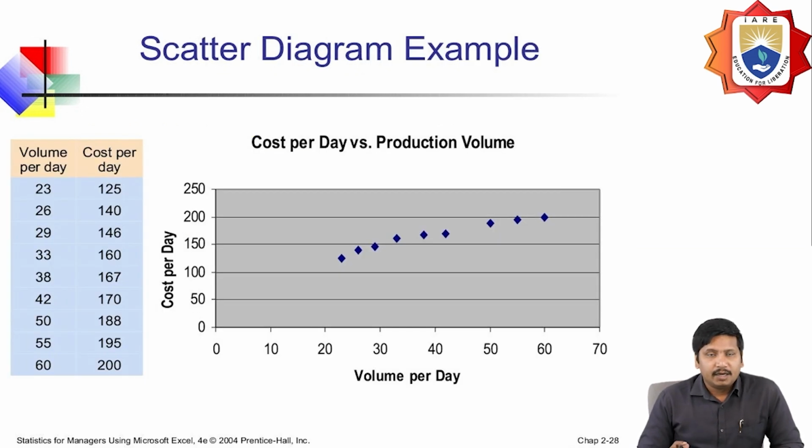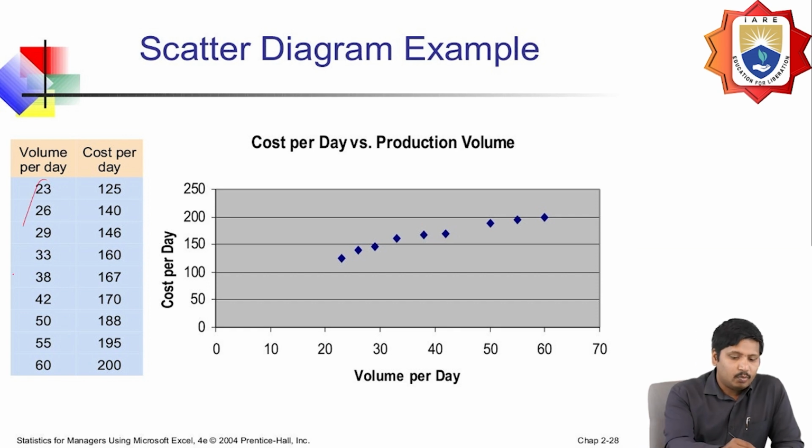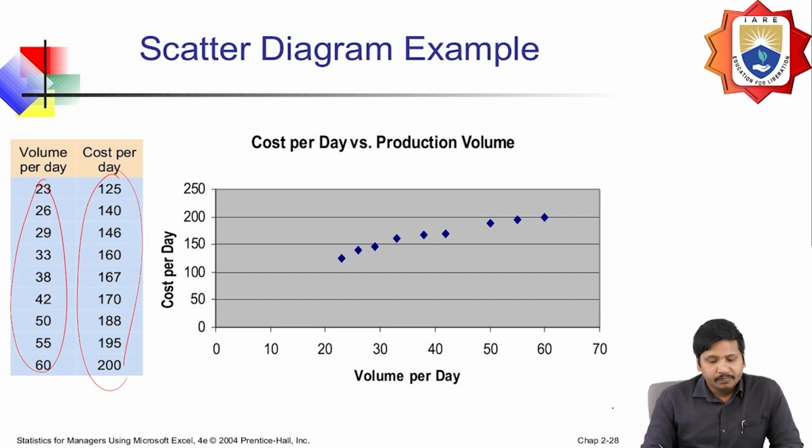How is this scatter diagram constructed? Take the volume of the data on the left side and the cost per day on the right side.